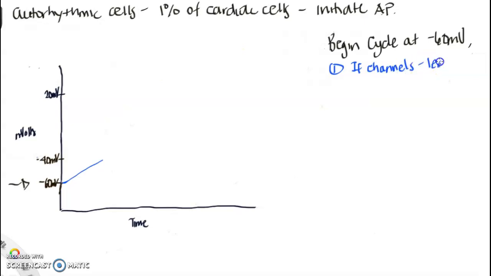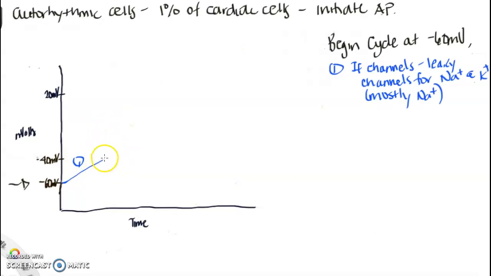And these are leaky channels for sodium and potassium, but mostly sodium. And as sodium is coming in, leaking in, and potassium is leaking out, the membrane is depolarizing slowly.